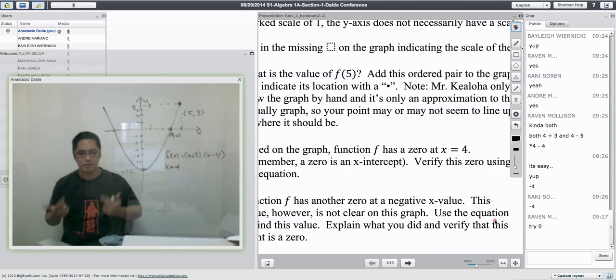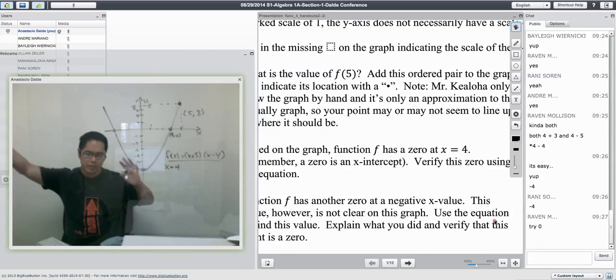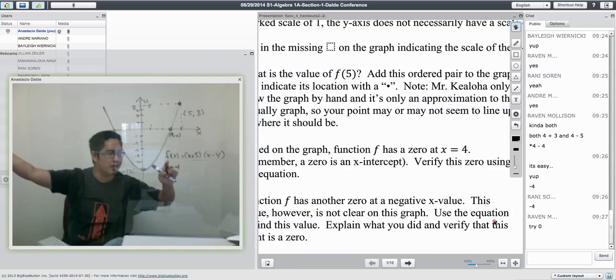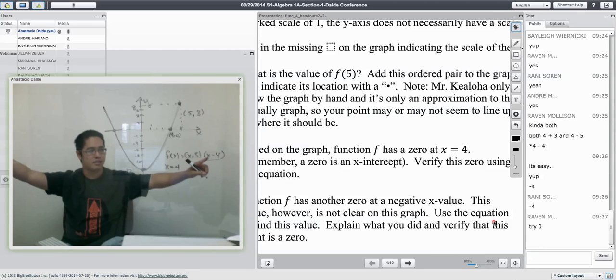But here's what I'm saying. From this equation, we were able to figure out that x equals 4 is one of our intercepts. It's because we looked at this second part of the equation and we said, I want this second part to equal 0.